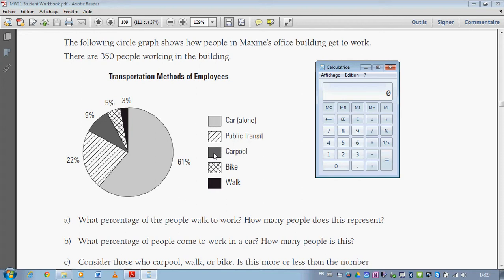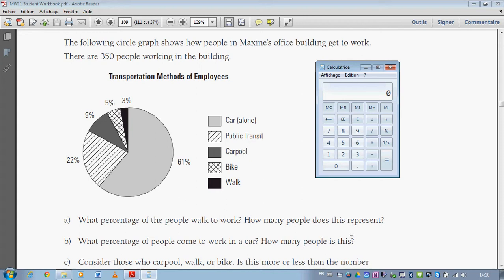So what you'll end up having to do is add these two together, because both these categories involve getting to work in a car. So you've got 61% of people that get to work in a car alone, and you've got 9% of people getting to work by carpooling. So the sum of 61% and 9% together, that's 70%.